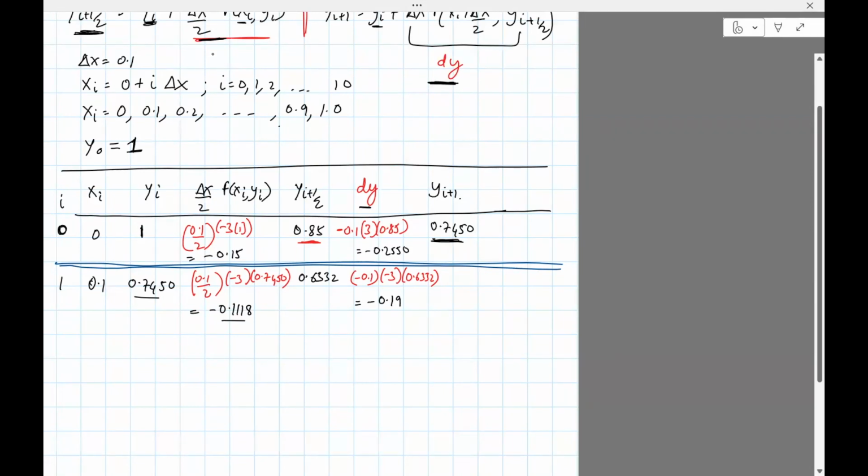And then yi plus 1, which is basically the summation of dy and yi, is 0.5550.